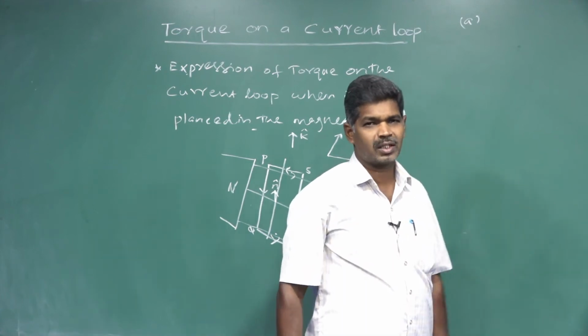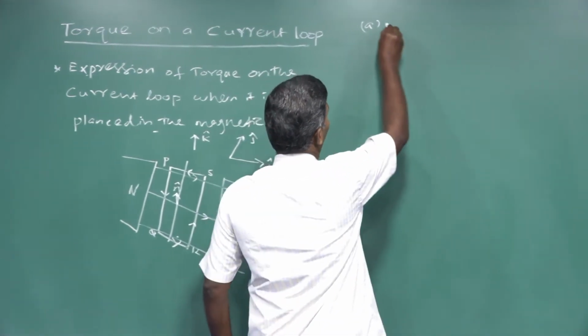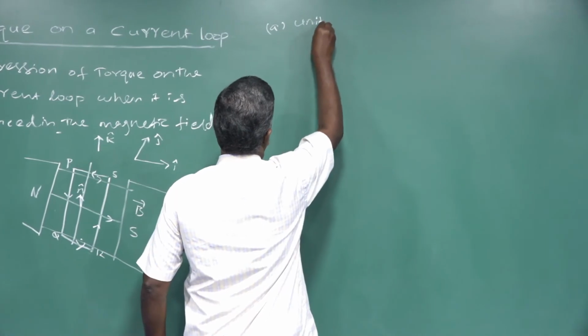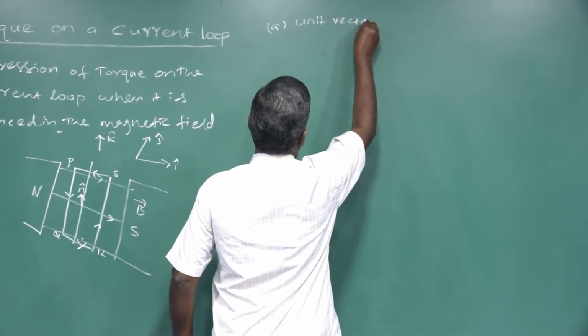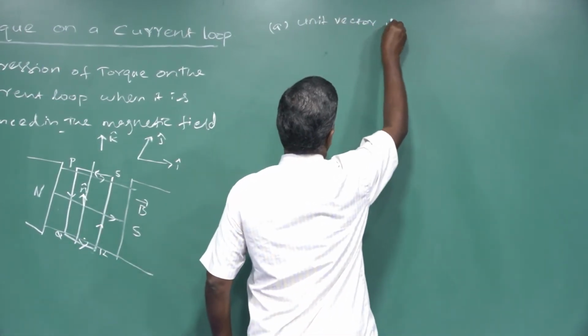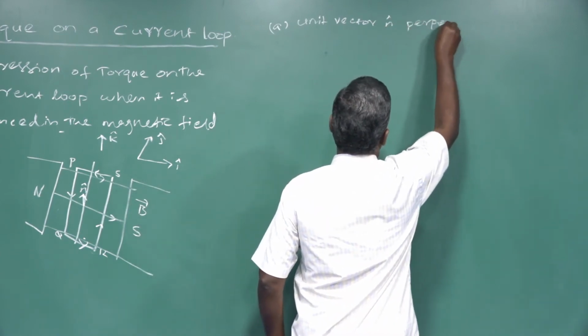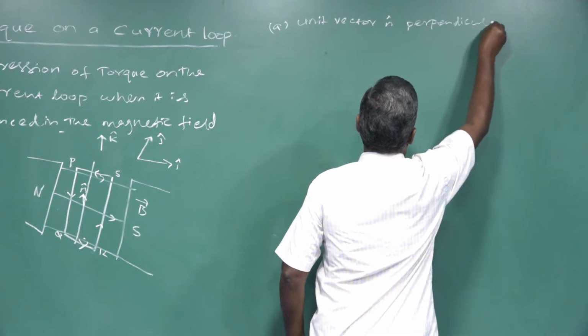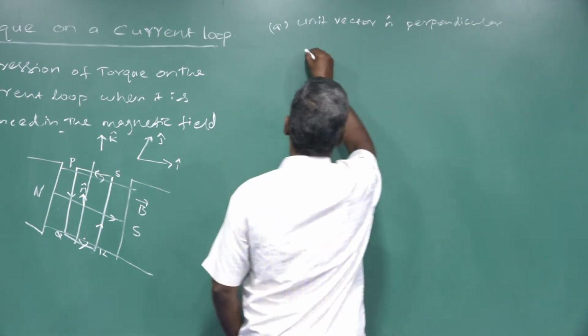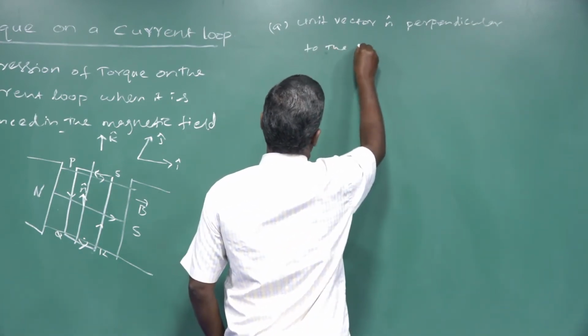The first one is the unit vector n cap perpendicular to the magnetic field.